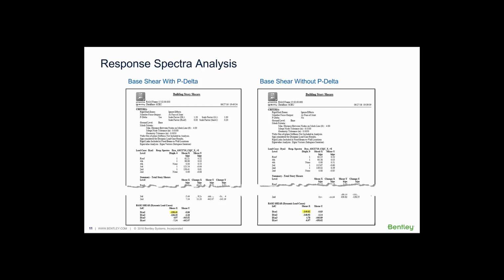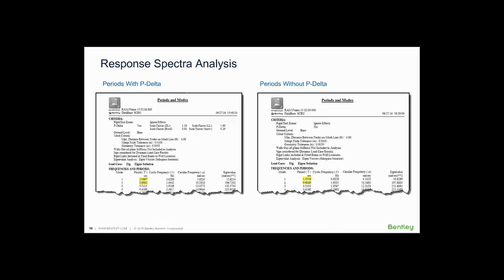There's just one quick question here asking about the building period. And the question is, is the building period the first mode period, or is it the average from all the modes? And the building period that we were looking at in this report, it's the first mode period. It's the fundamental mode, in the x direction in this case.